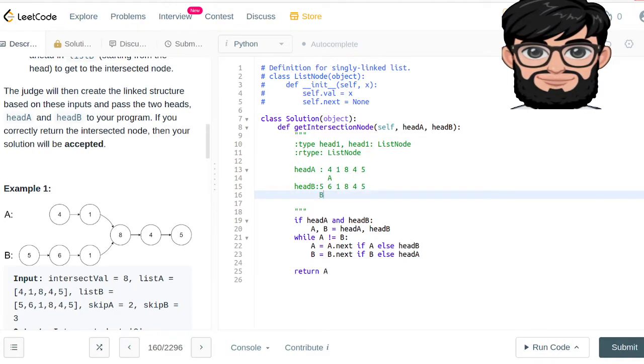So in the first one, they're going to keep iterating. A is pointing to 4, B is pointing to 5. Now A is pointing at 1, B is pointing at 6.